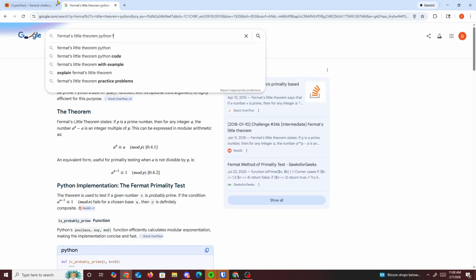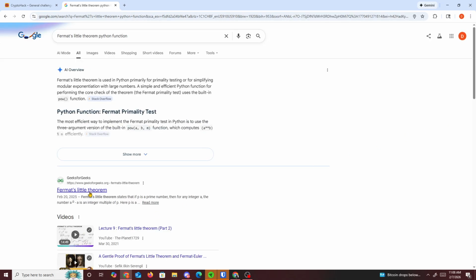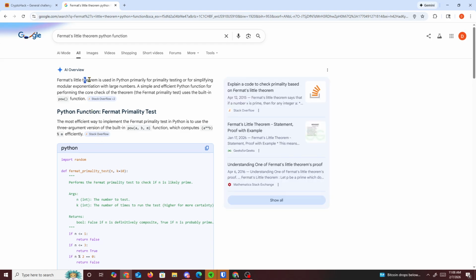There's probably already a Python function. Fermat's little theorem is used in Python primarily for primality testing and for simplifying modular exponentiation with large numbers. The most efficient way to do this is to use the three-argument version of the built-in pow.